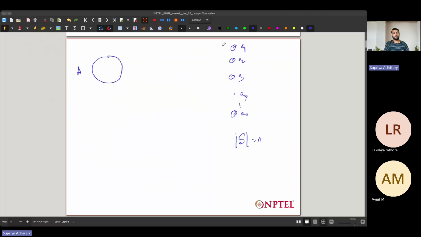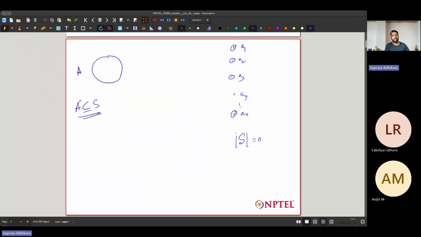If a1 belongs to the set, that counts as one set, and if a1 does not belong to the set, that counts as another. So A can either contain a1 or not, and similarly A can either contain a2 or not.